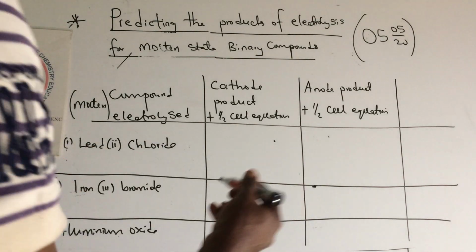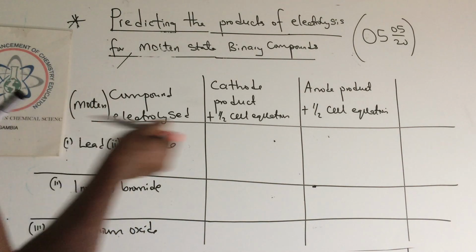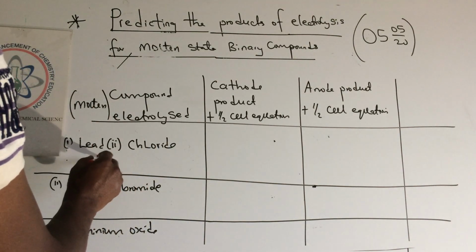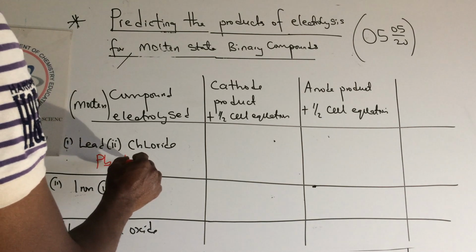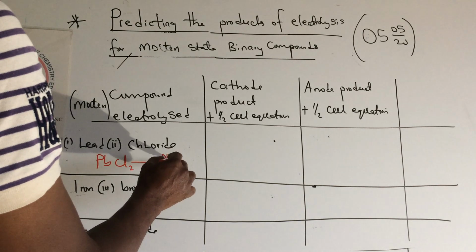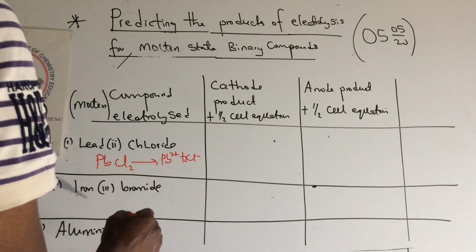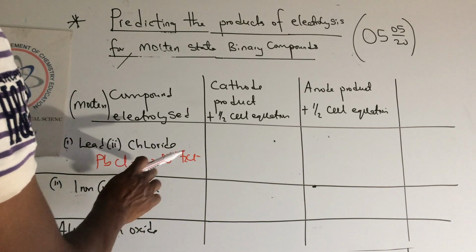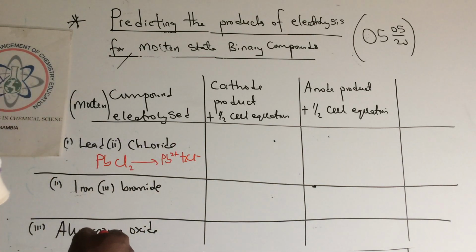PbCl2, with the ions Pb2+ and Cl-. The cation goes to the cathode and is discharged as what?